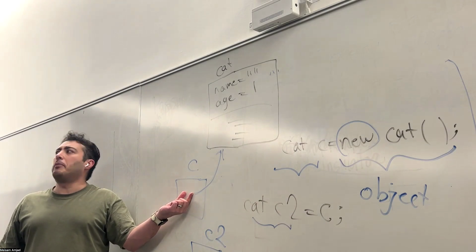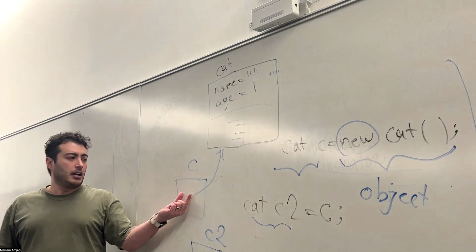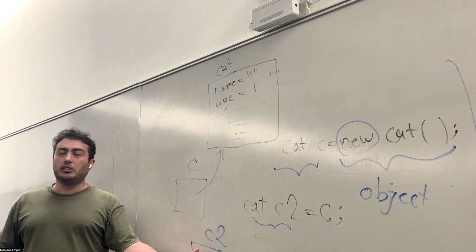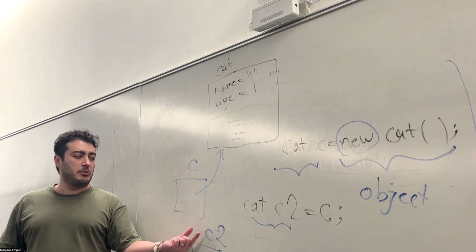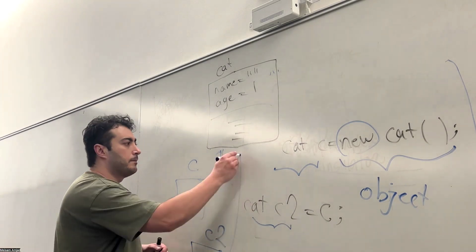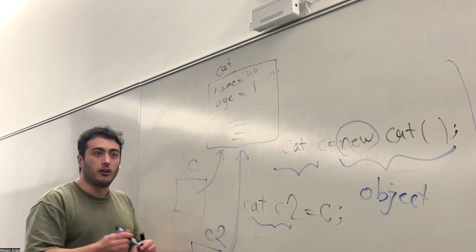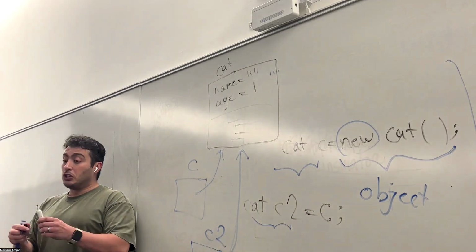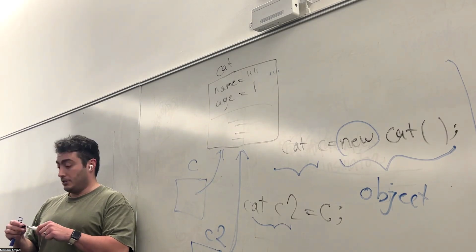So Java grabs a copy of that and saves it inside c2. As soon as we transfer the same memory location inside this one, that means this one is also pointing to the same object. This is what we call a shallow copy.